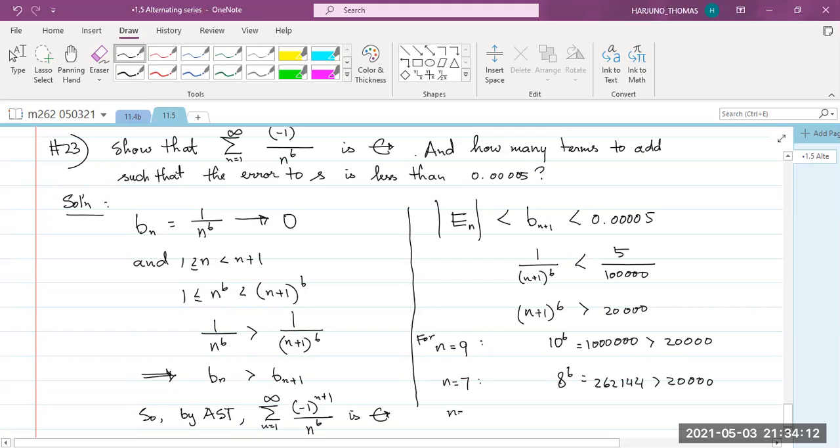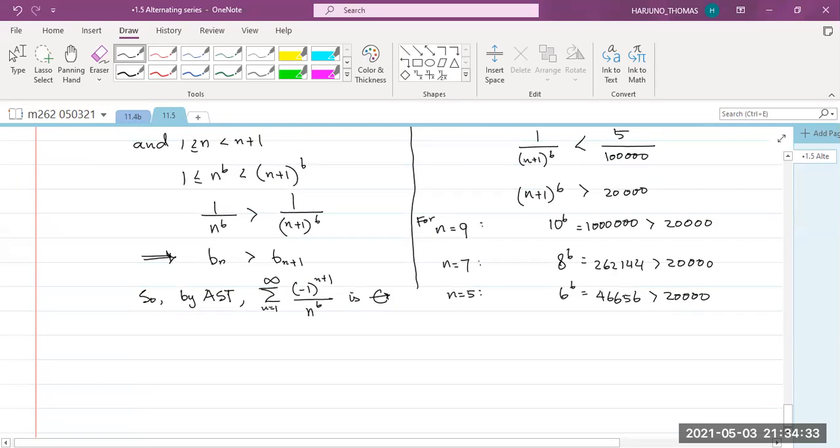Well, let's say when n equals 5. That's 46,000 something. How about when n equals 4? Honestly, I don't know the answer. So what I do is, you can also do the 6th root. To properly solve that, n plus 1 is greater than the 6th root of 20,000, right?